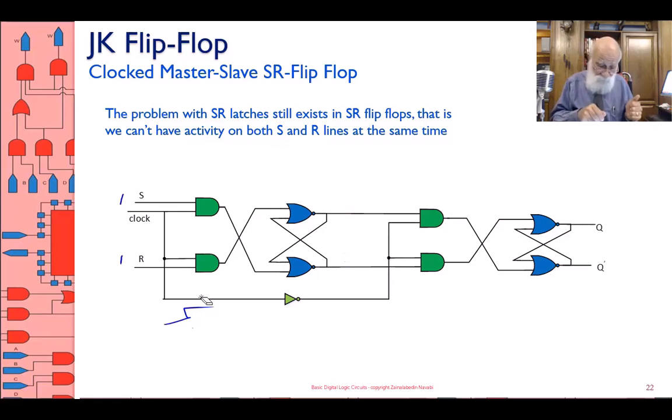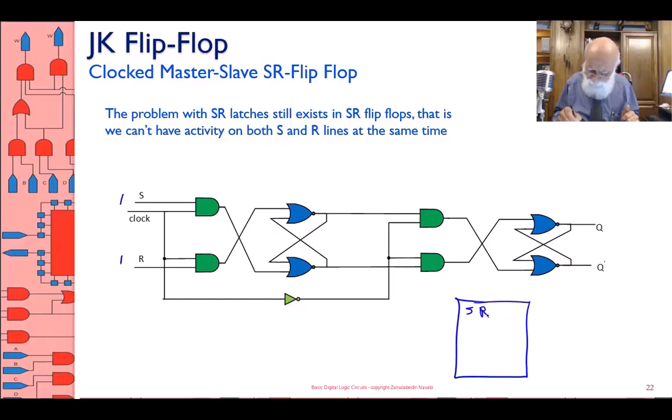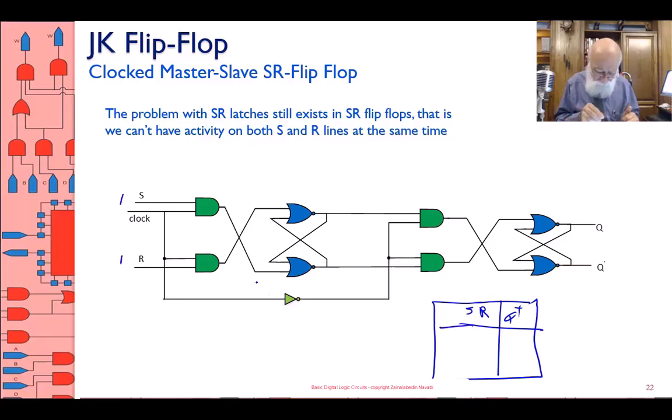Okay, so if you like to keep this as an S and R, that's fine. We can write the transition table for it. This is SR, and this is Q plus, and this is the clock, going from 1 to 0.